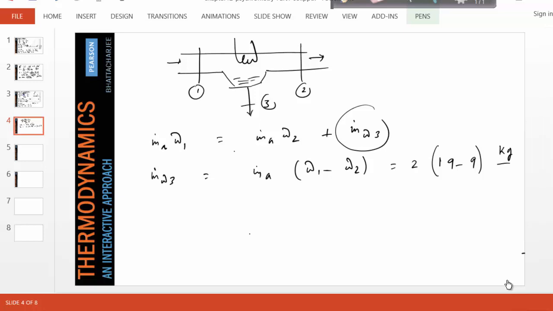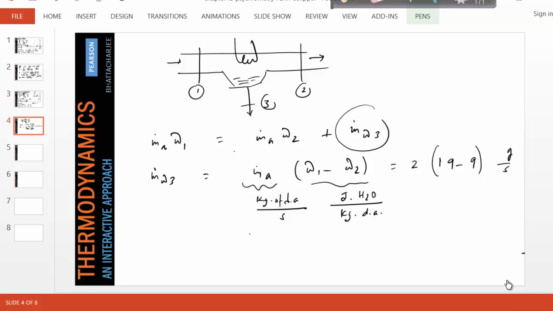Wait a minute. These are so many gram per second, because if you look at the unit of omega, m dot is kg of dry air per second, and unit of omega equals gram of H2O divided by kg of dry air.